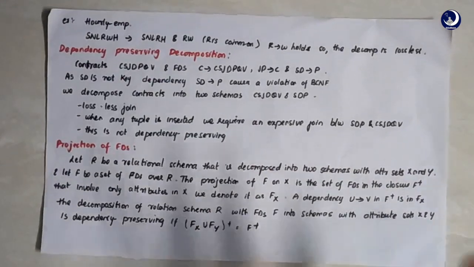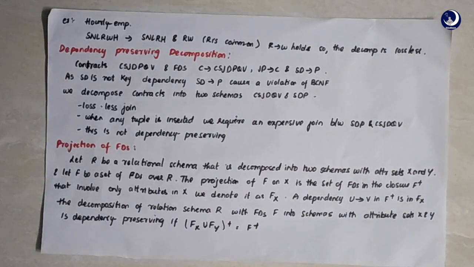Right. Let's take an example. We have an hourly employees example, and this is the instance that we use for depicting this particular relational schema. S is the sailor's ID, N is the name, L is the lot or something, R is used for rating, W for wages, and H for hours worked.